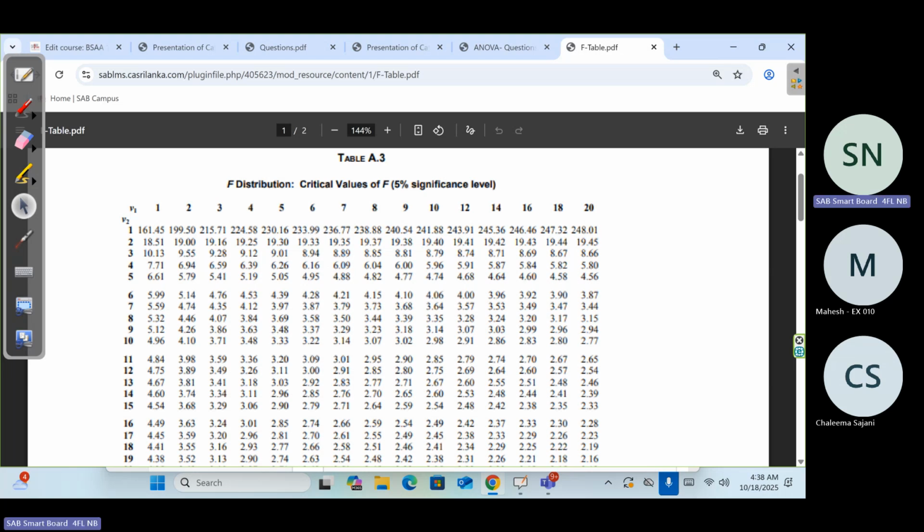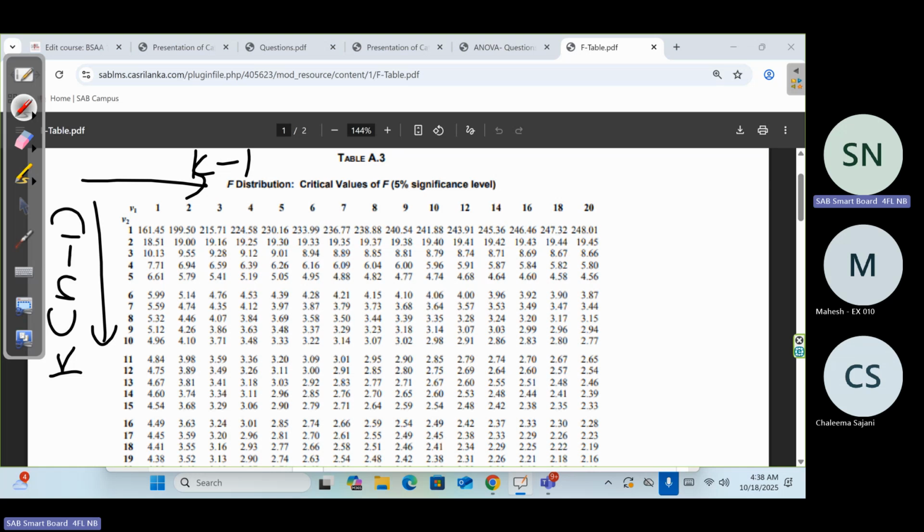Okay, then here V1 means on this side we need to find K minus 1. V1 is the K minus 1 value. V2 means K into N minus 1. Understood? Then according to our example, what is the K minus 1?